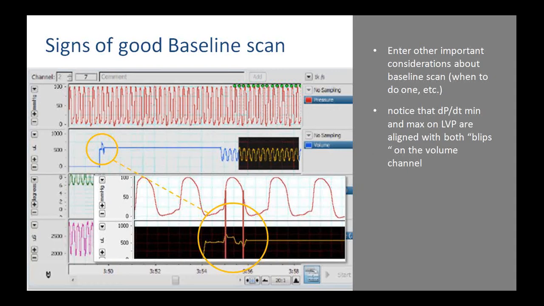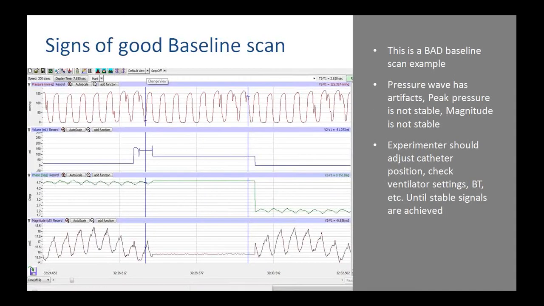These blips are necessary to be captured in order to confirm you perform a good baseline scan. So, is this a good baseline scan? What are the signs of a good baseline scan? I'll cover here with this example that this is not a good baseline scan, and I will tell you why it is not.